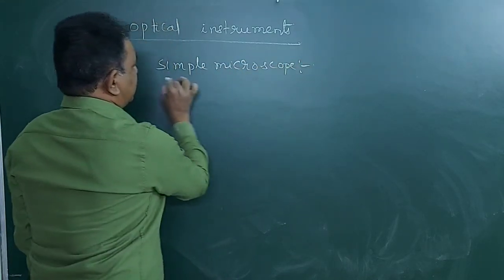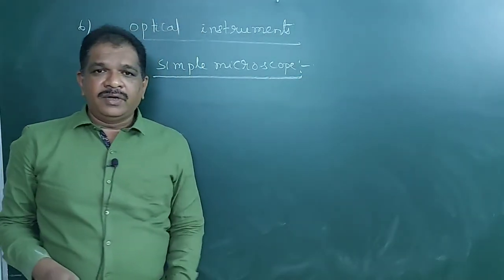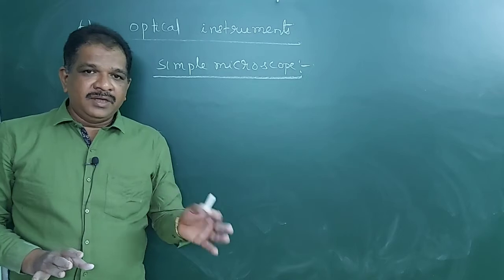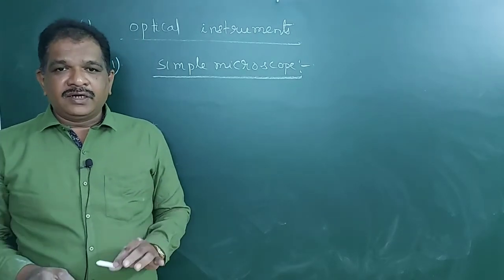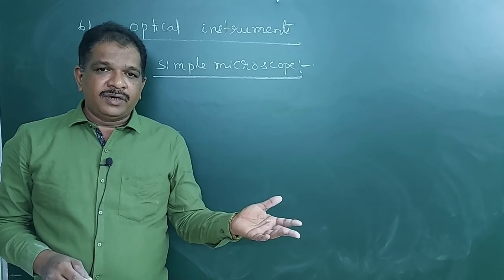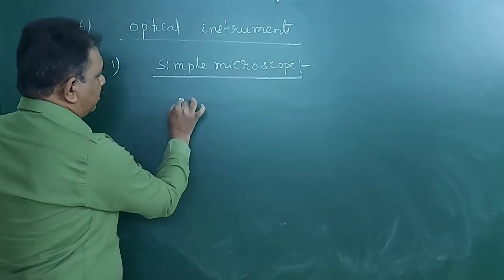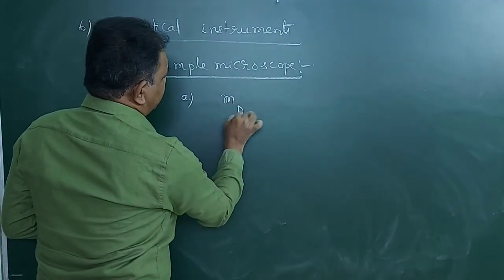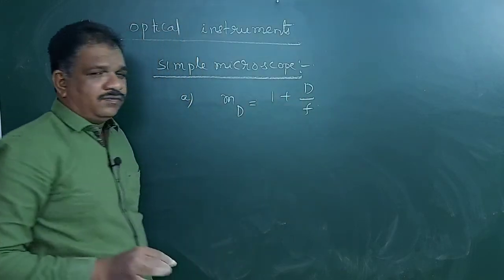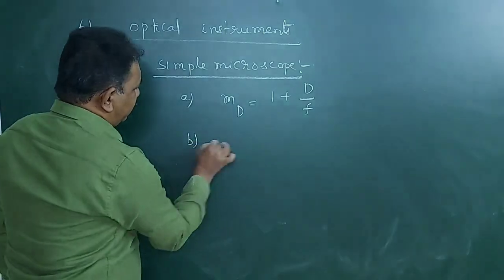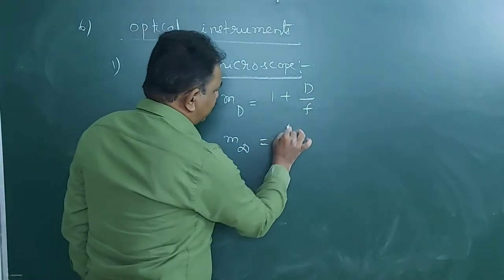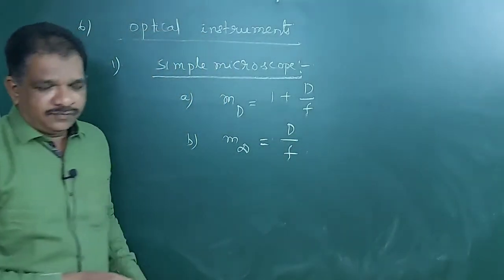Totally three will be there: simple microscope, compound microscope, astronomical telescope. In all of that, when image is formed at near point, what is the magnification formula? When the image is formed at far point, what is the magnification formula? Those are enough. Image is formed at the near point, magnification formula 1 plus d by f. Image is formed at the far point, infinity, this value will be equal to d by f.